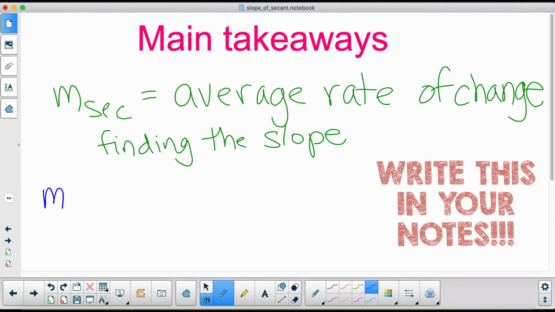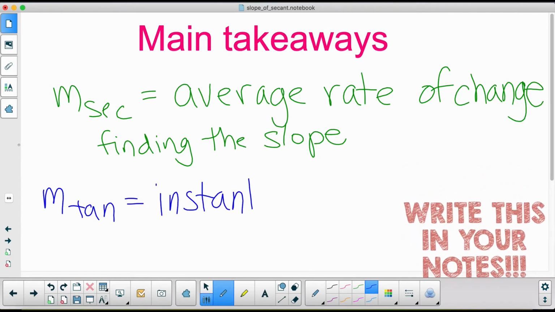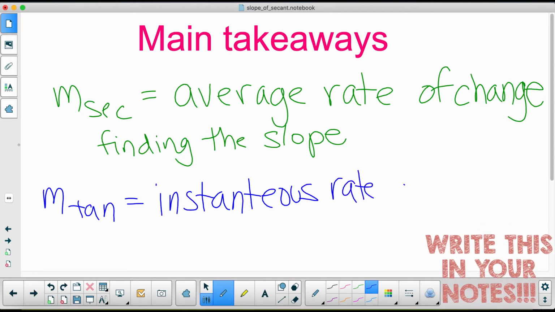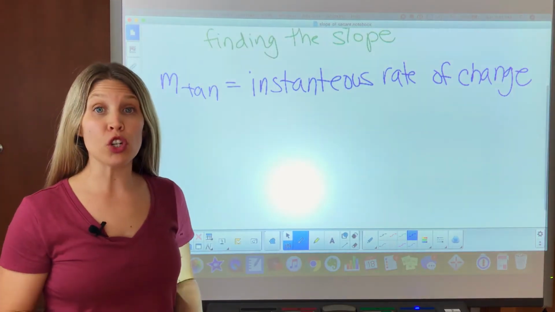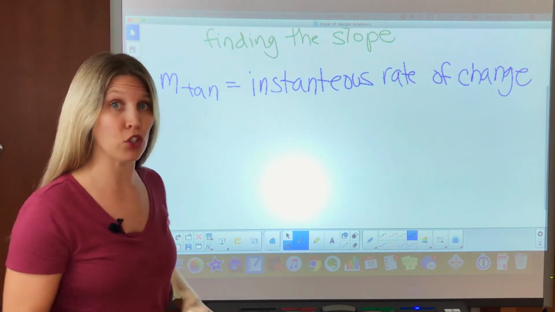Now, the slope of your tangent line is your instantaneous rate of change. That means it happens at one specific point. And there are two different equations that you can use to find the instantaneous rate of change.